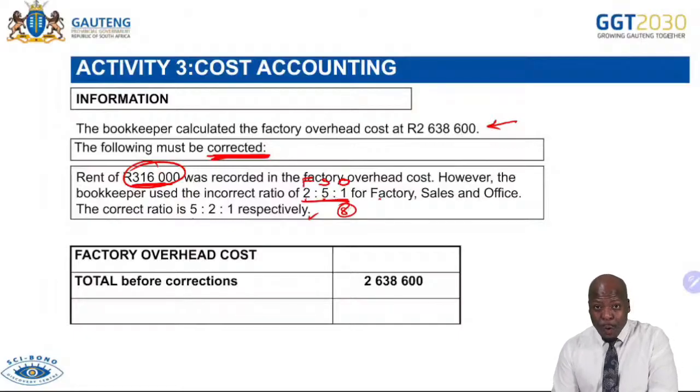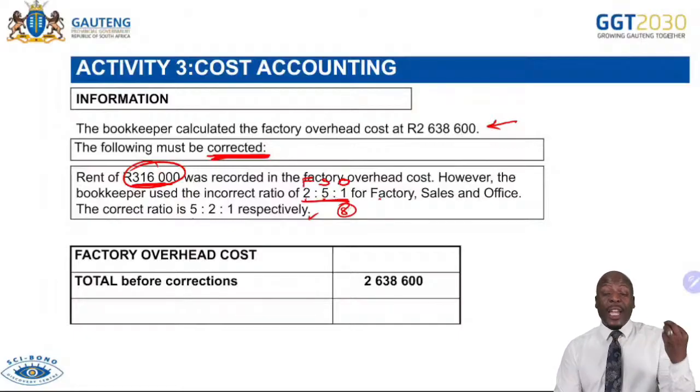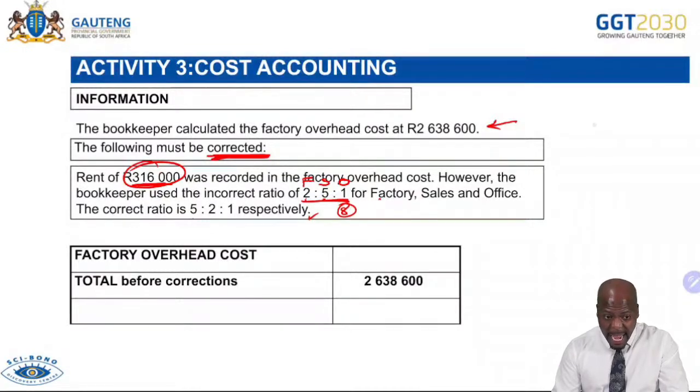So we want to know how much was the amount before it was allocated. We know that the amount that has been given is the 2. The 2 is equal to 316,000. What we want is the entire amount, the 8.